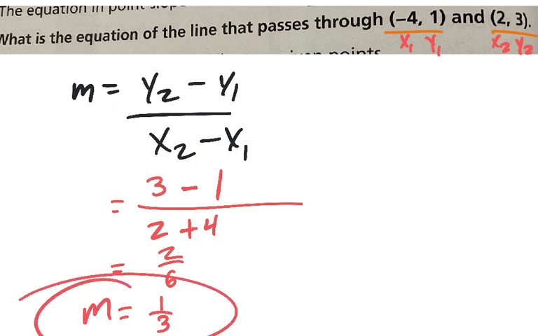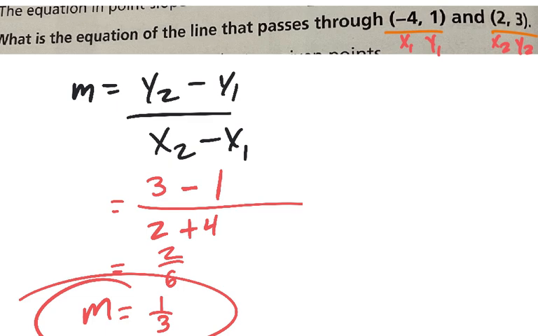Sorry, I worked all that out without talking. Is everybody okay with what I did there? Plugged in, subtracted, minus a negative became a positive. 2, 6 simplifies to 1/3. So now I know the slope. Yesterday, what did we have to do now?